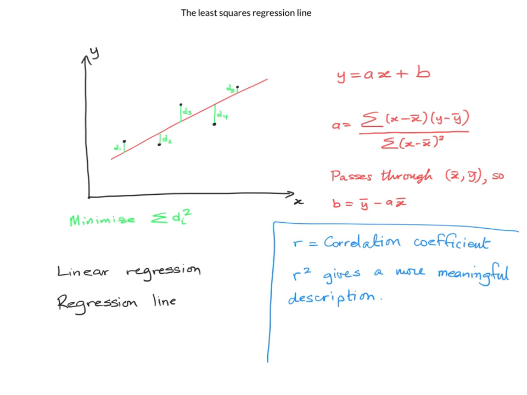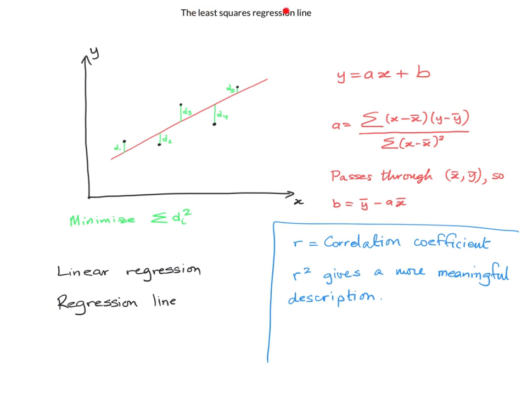However, if this is a, and you know x bar, y bar is a point on the line, you can solve for b by subtracting, and so b is going to be y bar minus a x bar. Again, you do not need to know that either, because the calculator will find b for you as well.